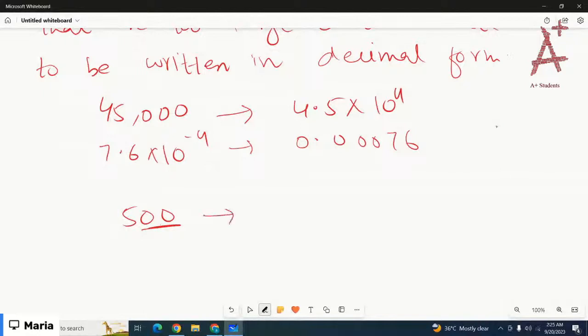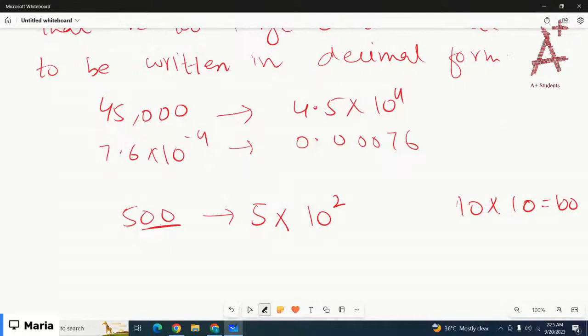So you can write it as 5 times 10 exponent 2. Basically, 10 exponent 2 means you do 10 times 10, and 10 times 10 equals 100. You do 100 times 5, that is 500. You just have to write the number of zeros in exponent form, right?